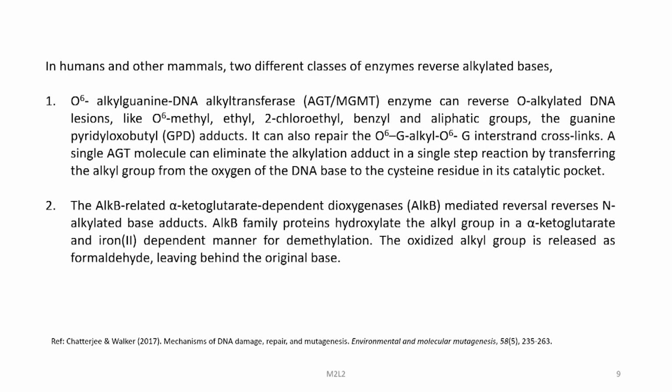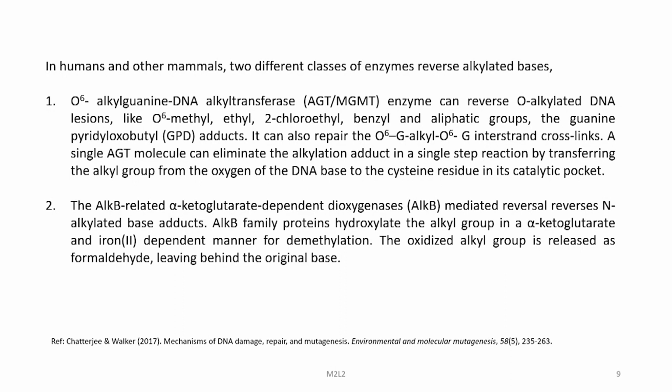A single AGT molecule can eliminate the alkylation adduct in a single step reaction by transferring the alkyl group from the oxygen of the DNA base to the cysteine residue in its catalytic pocket. In a second case, the ALKB-related alpha-ketoglutarate dependent dioxygenases, ALKB, mediate reversal of the N-alkylated base adducts.